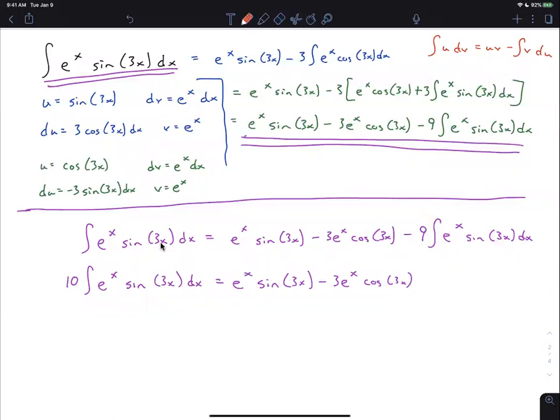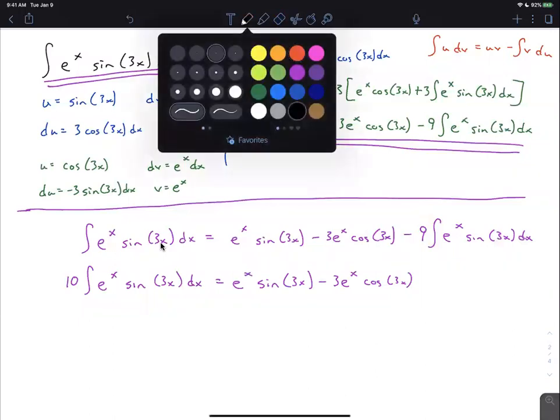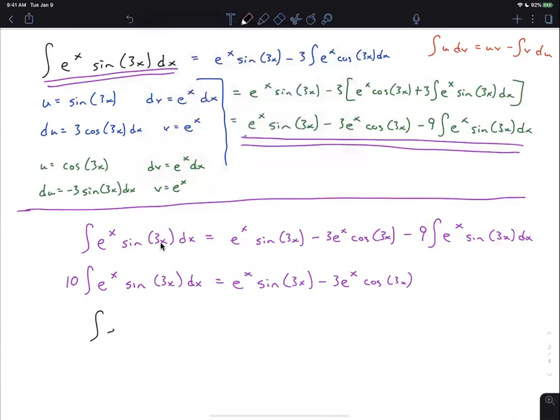Now, that means the original integral, which is what we're trying to solve for, is equal to 1/10 e to the x sine of 3x minus 3/10 e to the x cosine of 3x plus a constant.